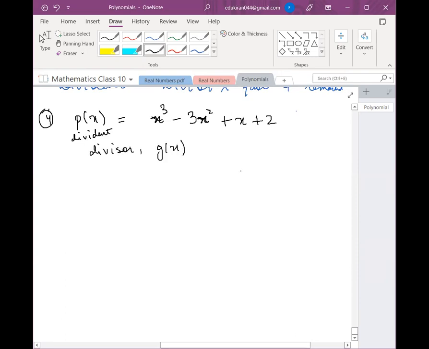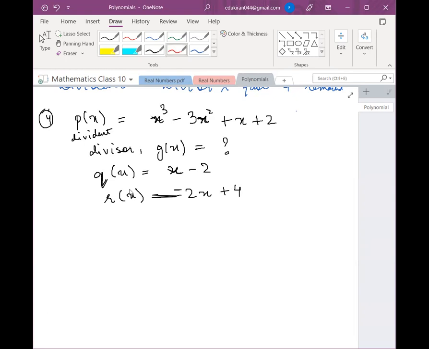The quotient and remainder are given: q(x) is x minus 2, and the remainder r(x) is minus 2x plus 4. And you have to find g(x). Is the question clear? Yes, ma'am. So simple, from the division algorithm.